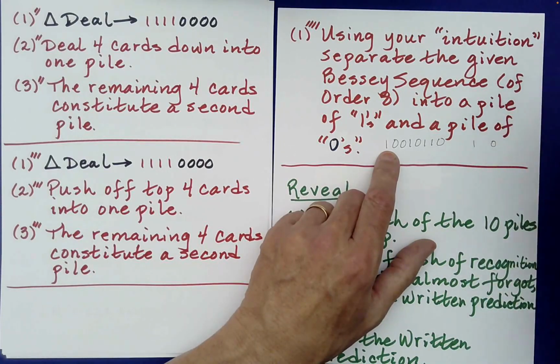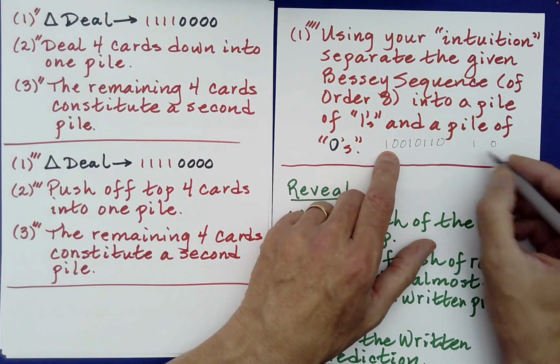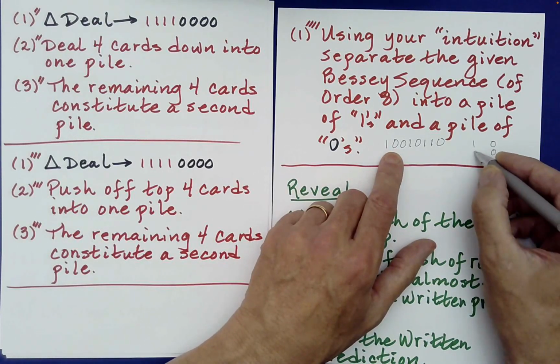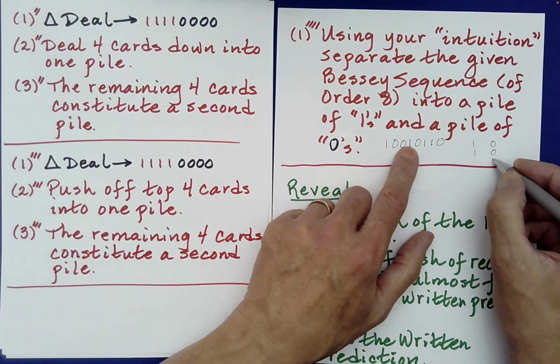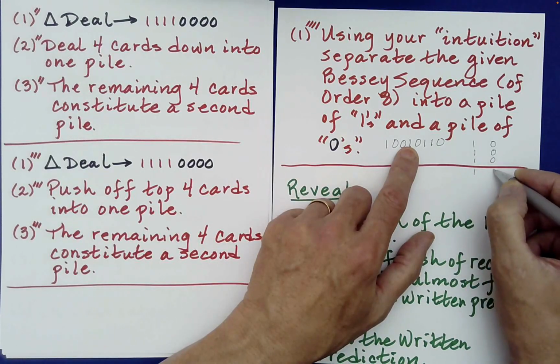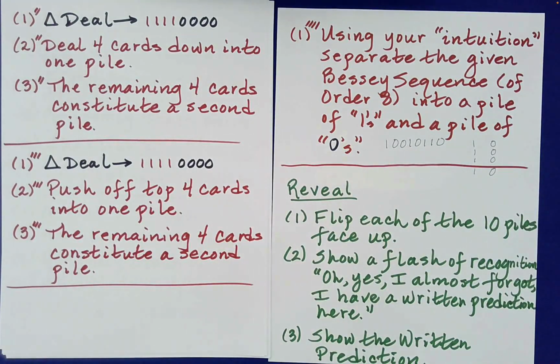Probably should have put it above, sorry. So left, right, and then I did a right, left, and then I did a right, left, left, right. And so that will separate this Bessey sequence into 2 piles of 4 cards each, where one pile consists of the ones and the other one's the zeros.